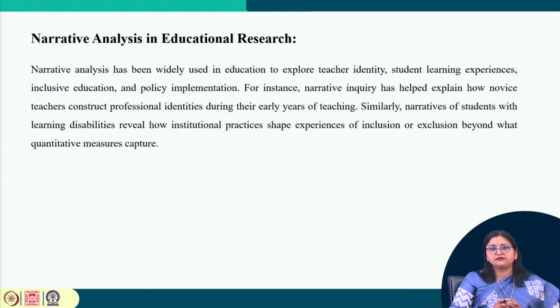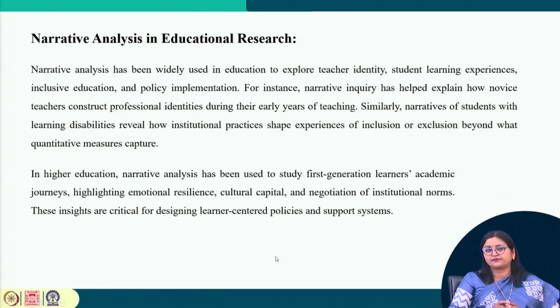For example, narrative inquiry has helped explain how new teachers construct professional identities during their early years of teaching. Similarly, narratives of students with learning disabilities reveal how institutional practices shape experiences of inclusion or exclusion beyond what quantitative measures capture.